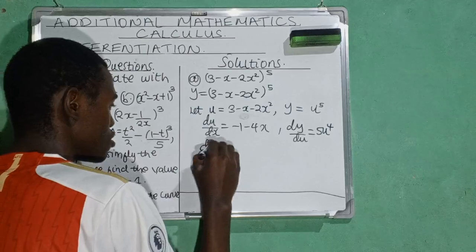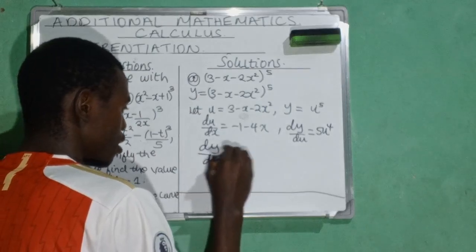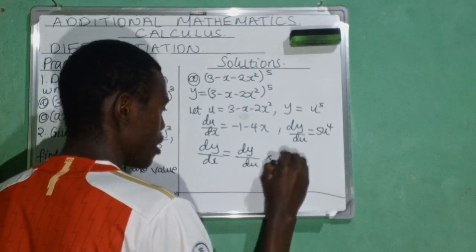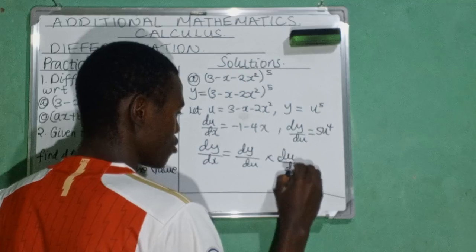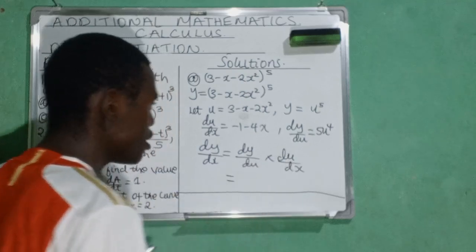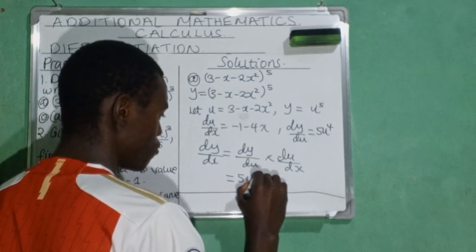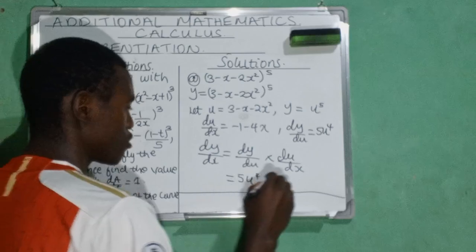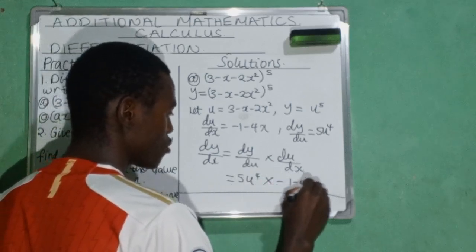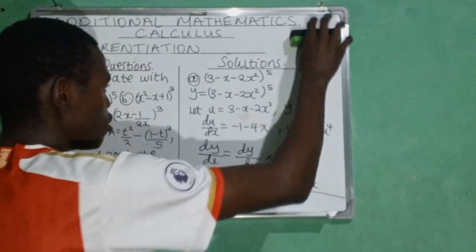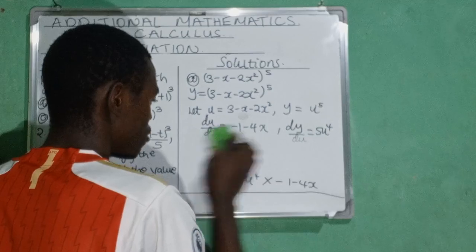Then your chain rule says dy dx is equal to dy du multiplied by du dx. So your dy du is 5u to the power 4, multiplied by your du dx, which is negative 1 minus 4x, in that order. To proceed, we'll just clean up everything above.